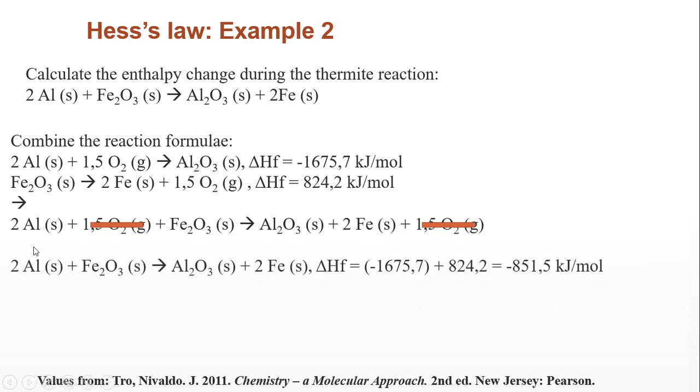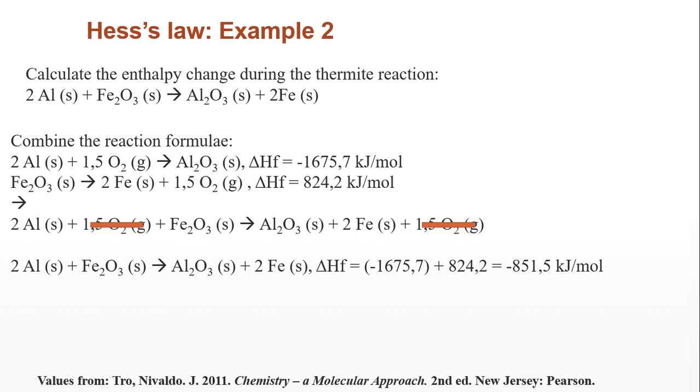And then we have 2 aluminium plus iron 3 oxide forming aluminium oxide and 2 iron, just like our expression up here. So then we can simply sum the two enthalpy changes of these two expressions. We'll get an expression for the change in enthalpy in our chemical reaction, which is minus 851.5 kilojoules per mole.